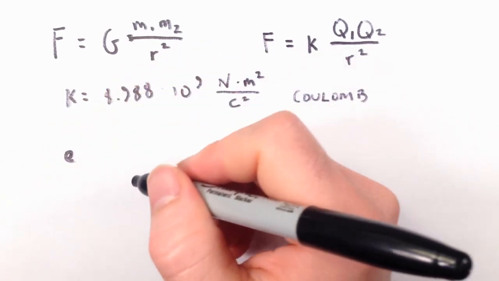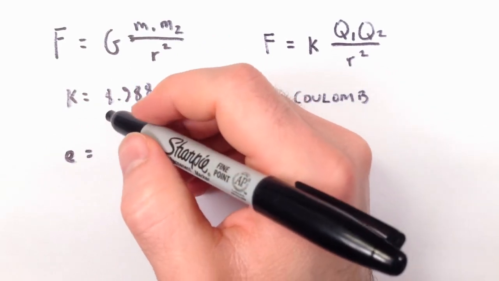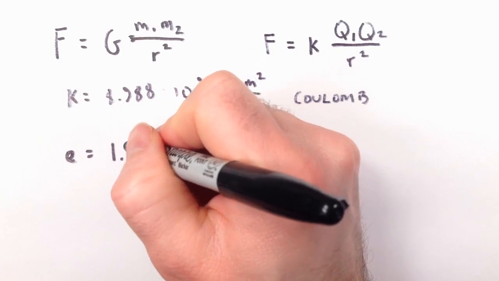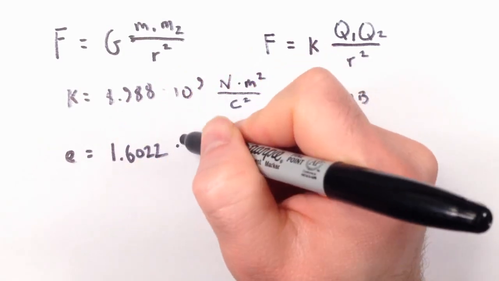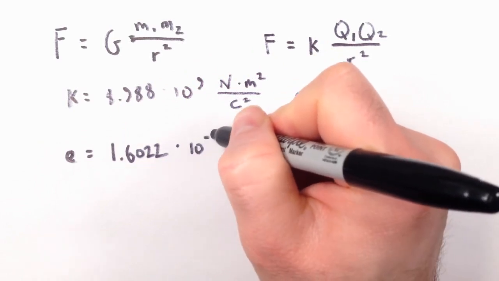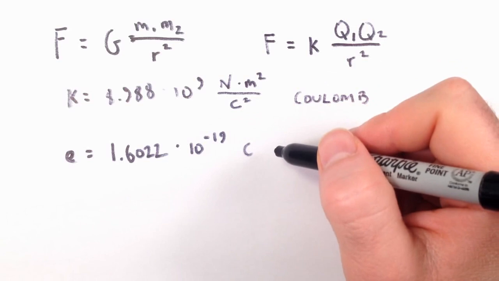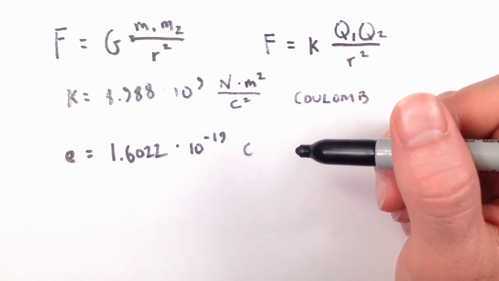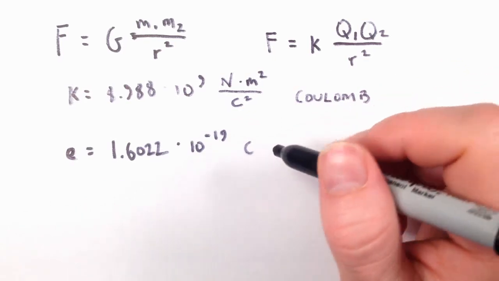There we go. So elementary charge, lowercase e, because it's the charge of the electron, of course, 1.6022 times 10 to the negative 19 coulombs. You can round it to 1.6 for easily remembering it, so you don't have to keep looking it up.